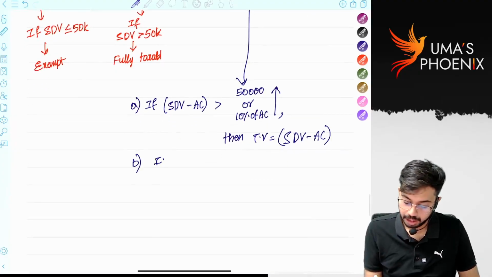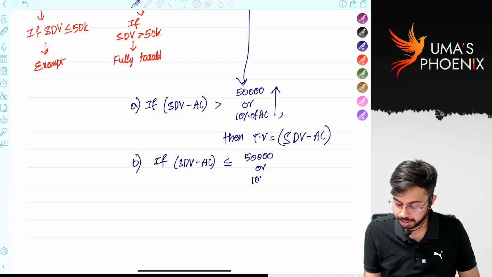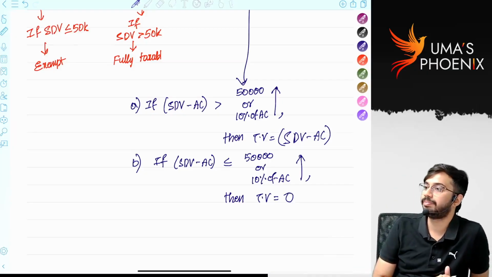B. If stamp duty value minus actual consideration is less than or equal to 50,000 or 10% of actual consideration, whichever is higher, then taxable value is equal to nil.